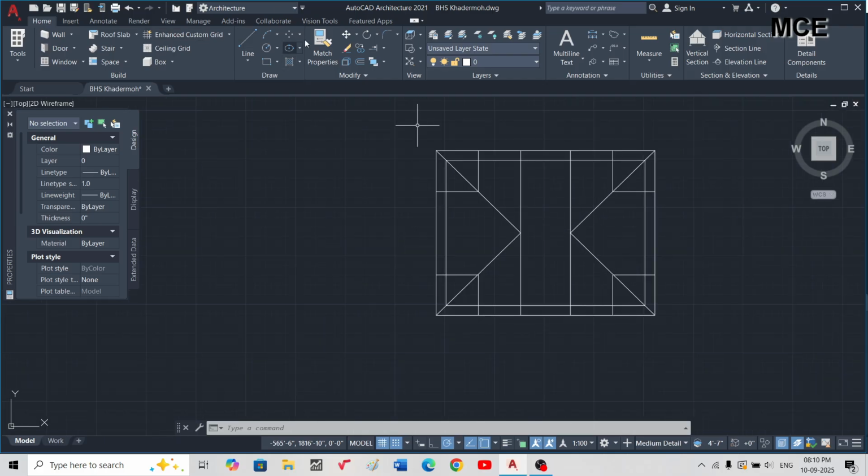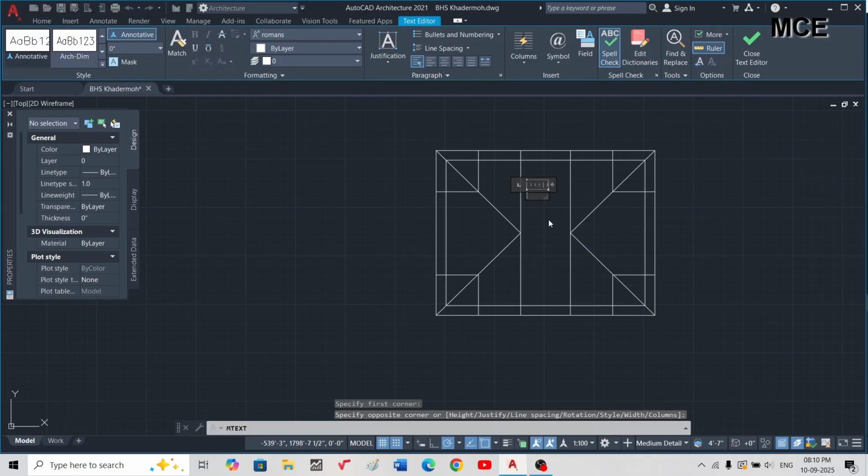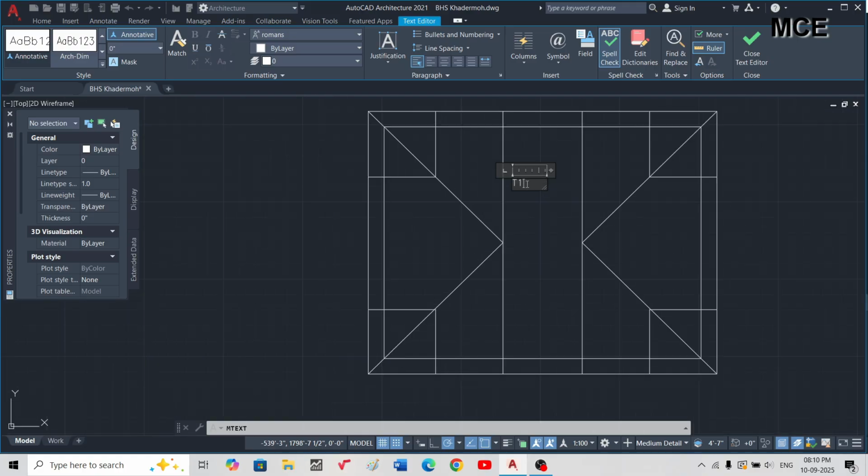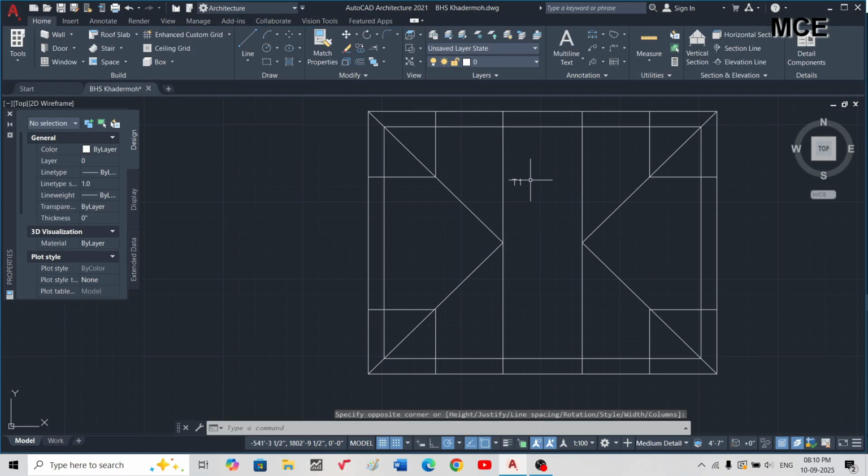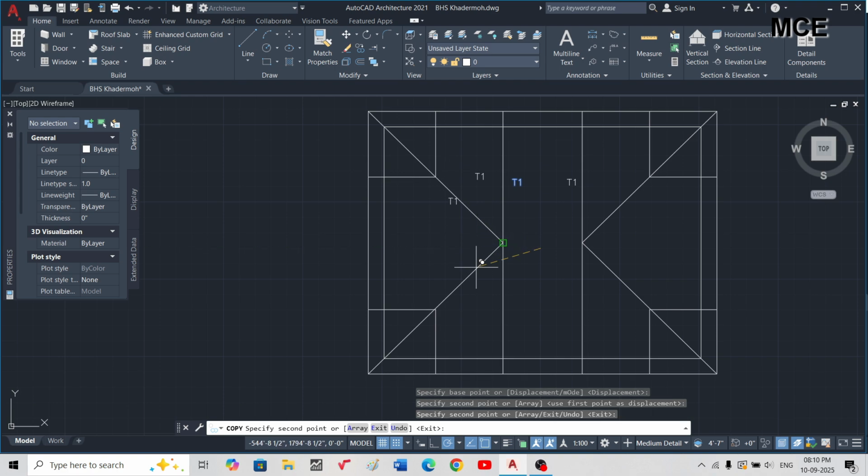Let us give names to our trusses. The first truss is T1, that is the two main trusses. So these two trusses are T1. After this, the corner trusses will have the name T2.